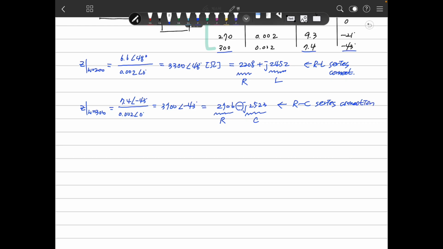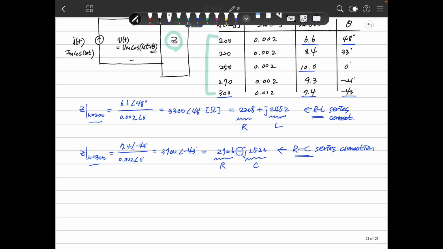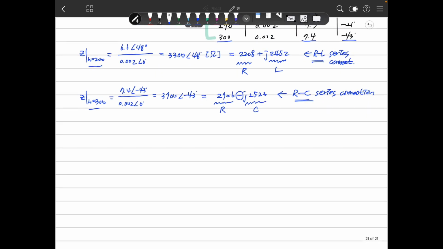It means that the same circuit, according to the frequency, looks like RL or looks like RC. Especially in this case, when omega is 250, we get 10 at 0 degrees divided by 0.002, so that is 5000 ohms. Then what is that?